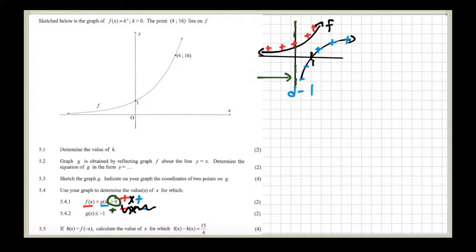So whatever I answer, I must remember that g(x) does not exist here at all. Then the second set of domains is between 0 and 1. There I have a blue negative times a red positive. That's not what I'm looking for because that gives me a negative answer.